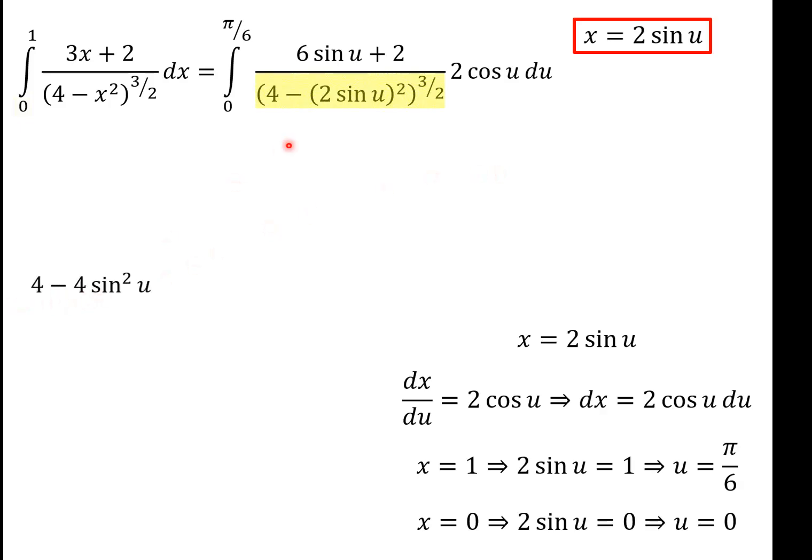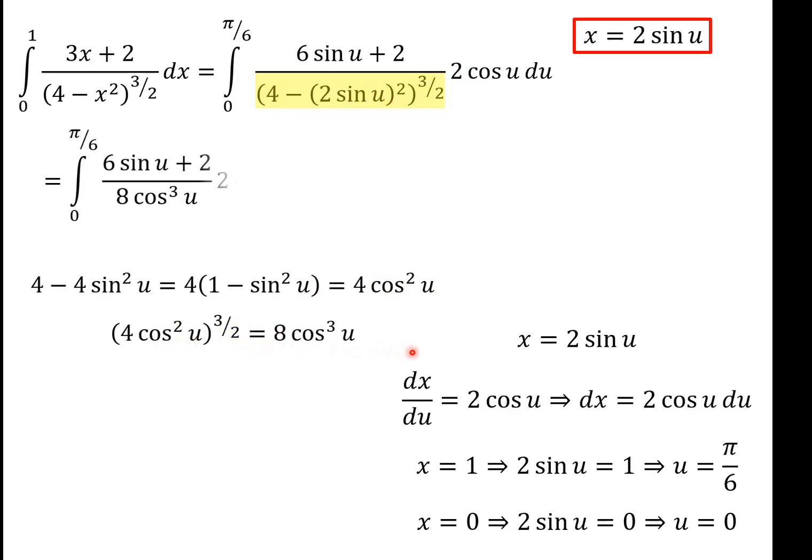4 minus 4 sine squared I've got, that's 4 times 1 minus sine squared, or 4 cos squared, so I need 4 cos squared to the power of 3 over 2. 4 to the power of 3 over 2 is 8, and cos squared to the power of 3 over 2 is cos cubed. So there it's simplified a bit, and now I can do some cancelling.